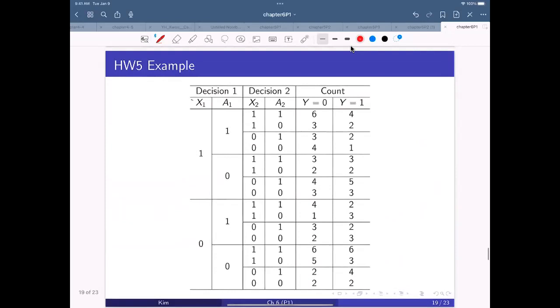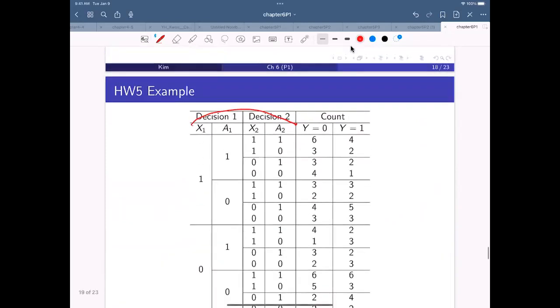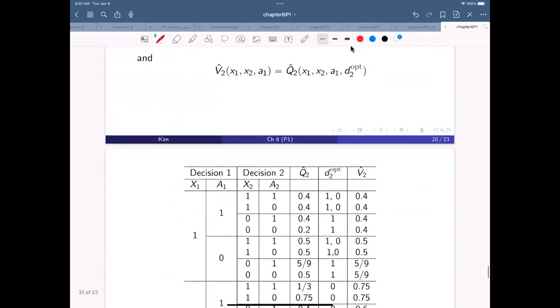We just have data, so we use this information to compute the Q function, the Q2 function, which is this one.